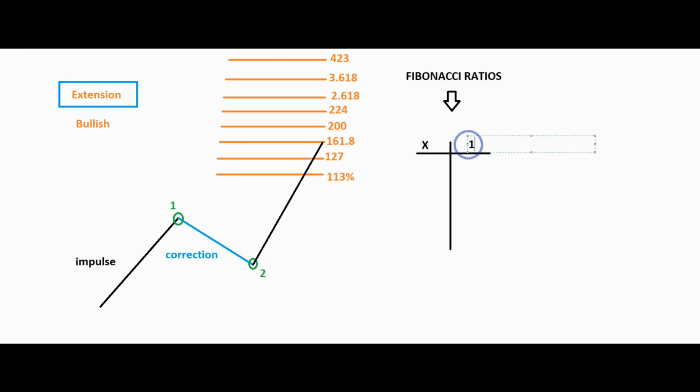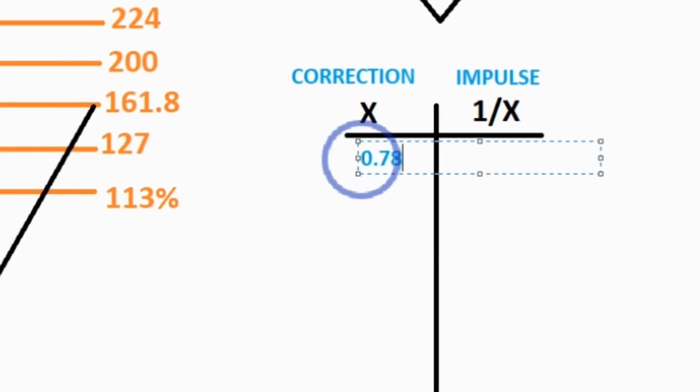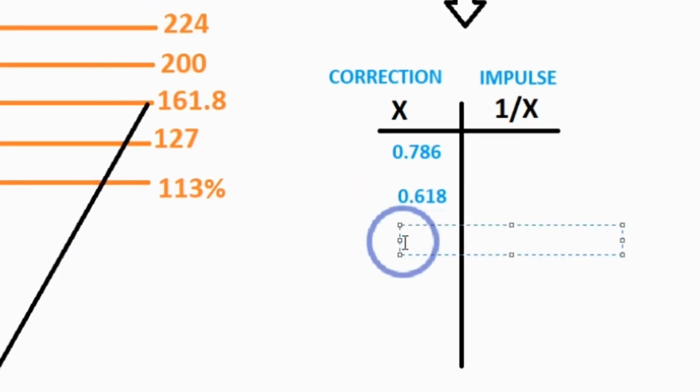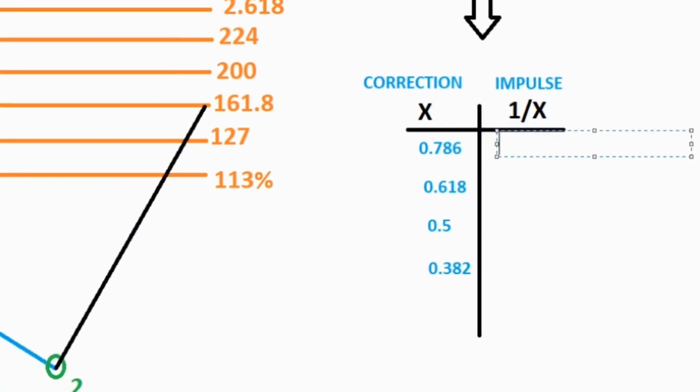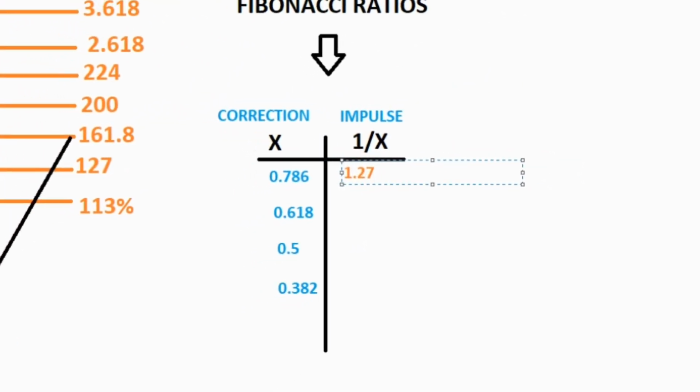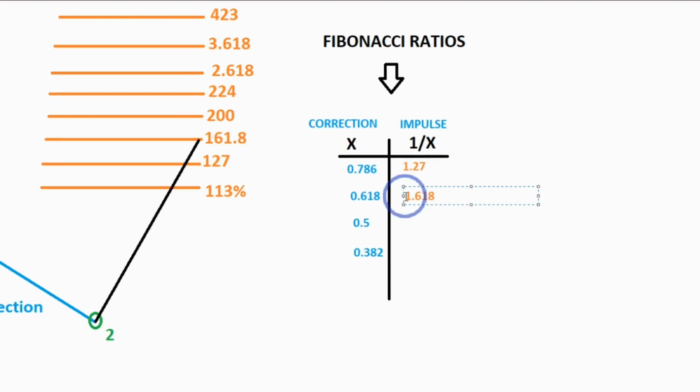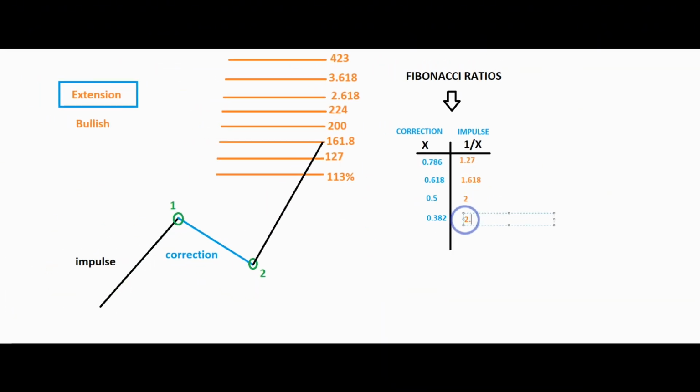If we consider X as the corrective move and place the ratios 0.382, 0.5, 0.618 and 0.786 on one side of X, dividing 1 by each of these ratios gives us the corresponding extension levels: 2.618, 2.272, 1.618 and 1.272.